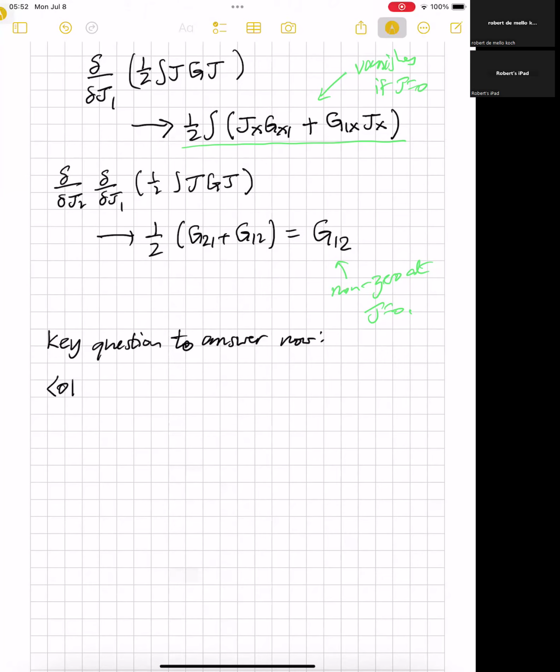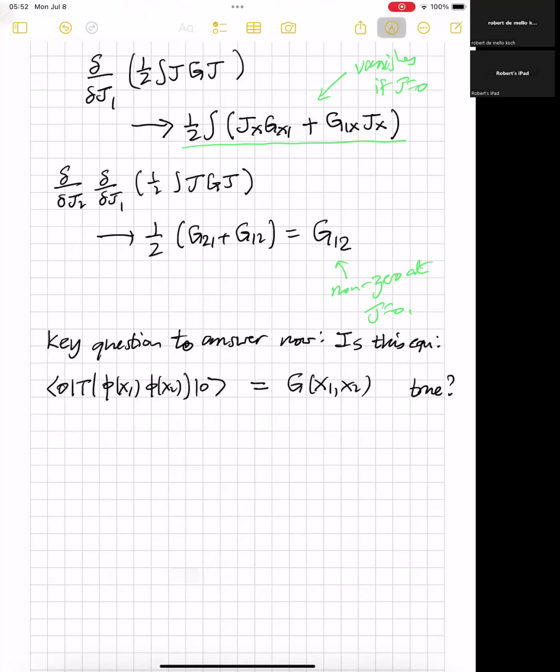We've learned that the two-point function, the time-ordered correlator of a product of two fields, is equal to the Green's function G(x1, x2). And our key question to answer is: is that equation true? So is that equation really true?